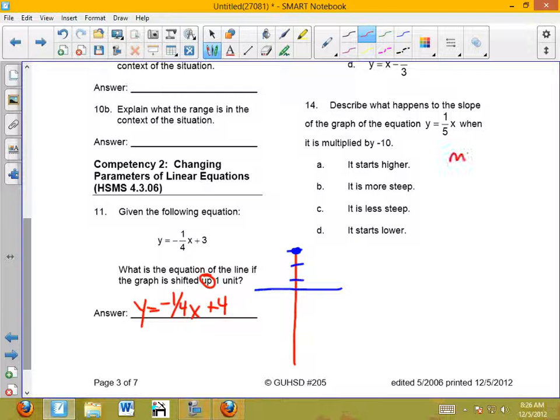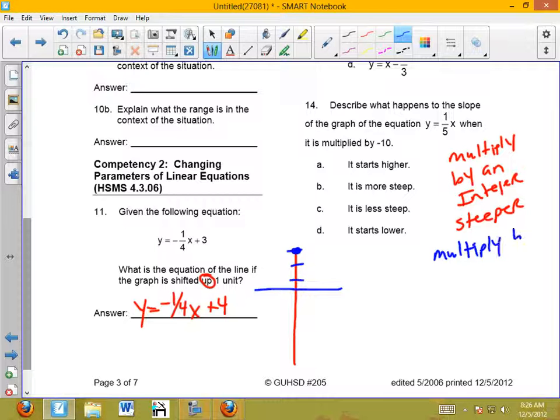If you multiply by an integer, it gets steeper. If you multiply by a fraction, it gets less steep. An integer is a positive number, a negative number.